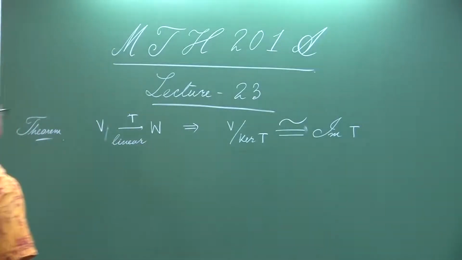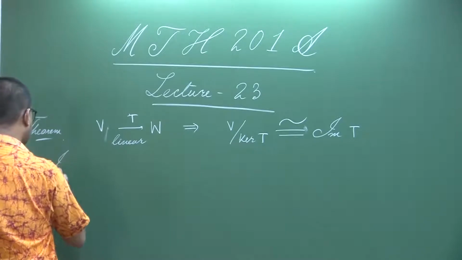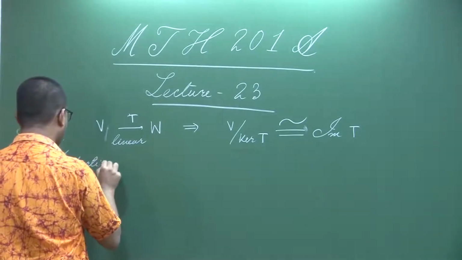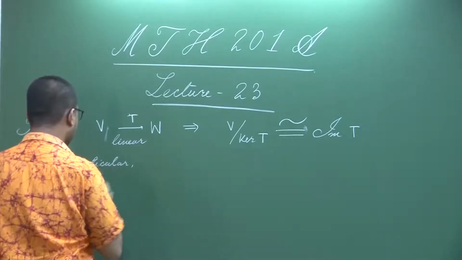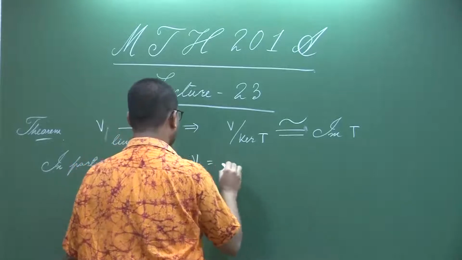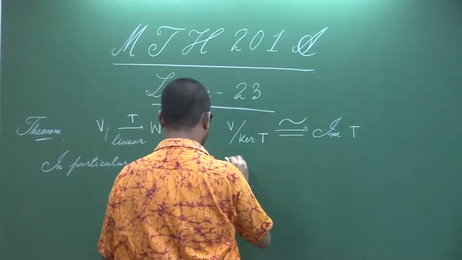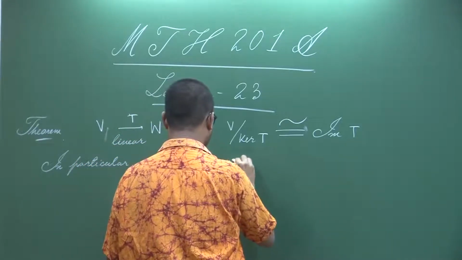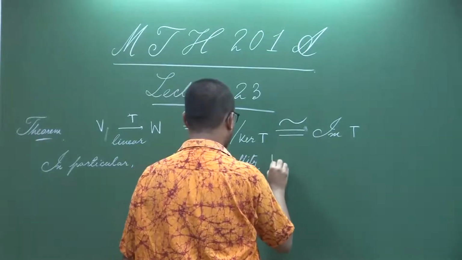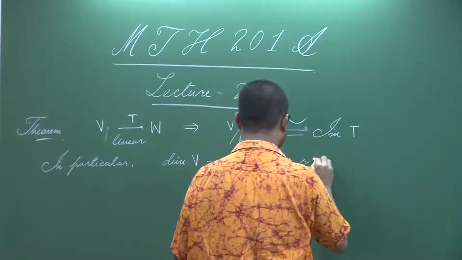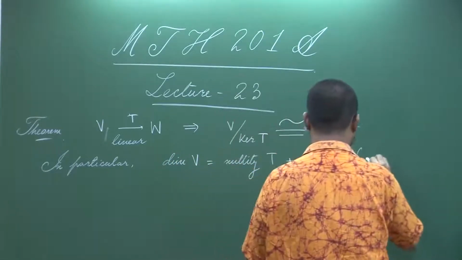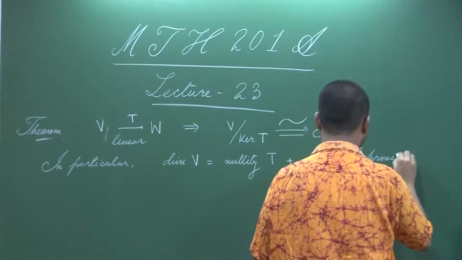So, as a corollary we deduce, in particular, the following: the dimension of V equals nullity of T plus rank of T, provided V is finite dimensional.